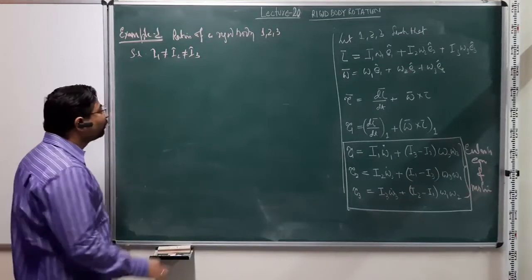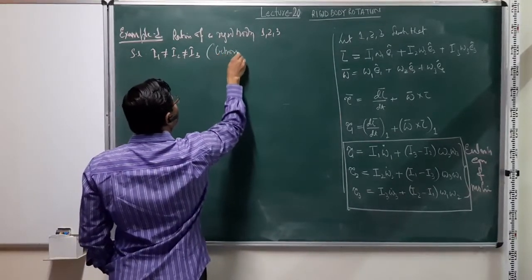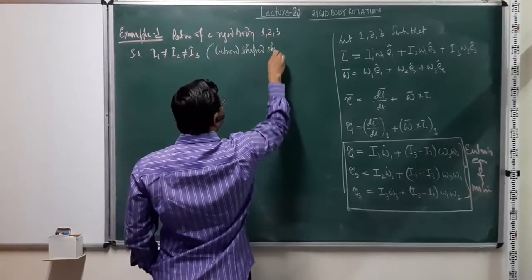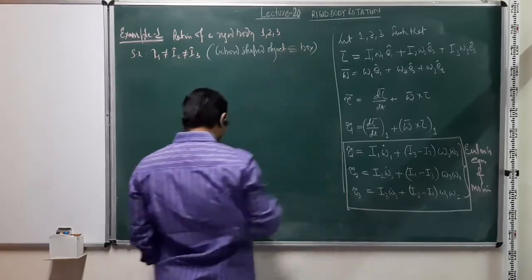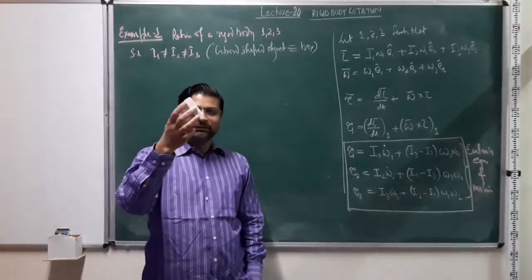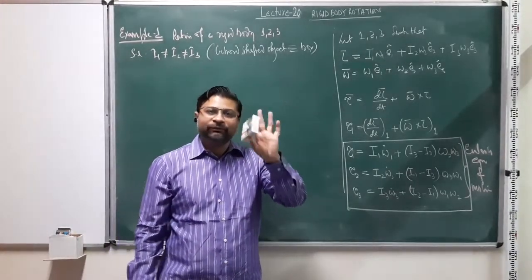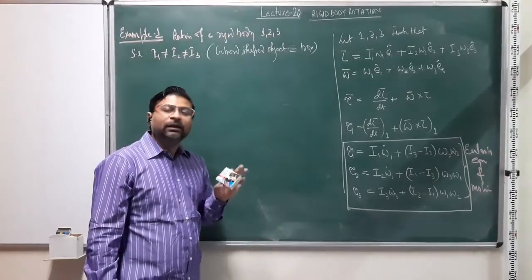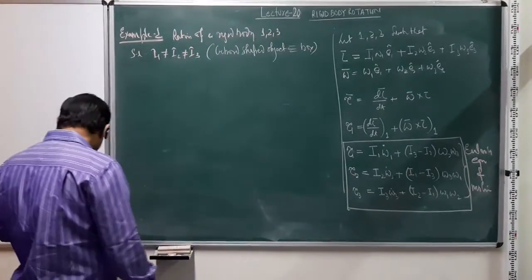And a simple example of this is a cuboid shaped object, for example, a box, right? So you can take a box, and it has all 3 different sides, so it will have 3 principal axes along which you will have 3 moments of inertia. However, all these 3 moments of inertia are different from each other, right?